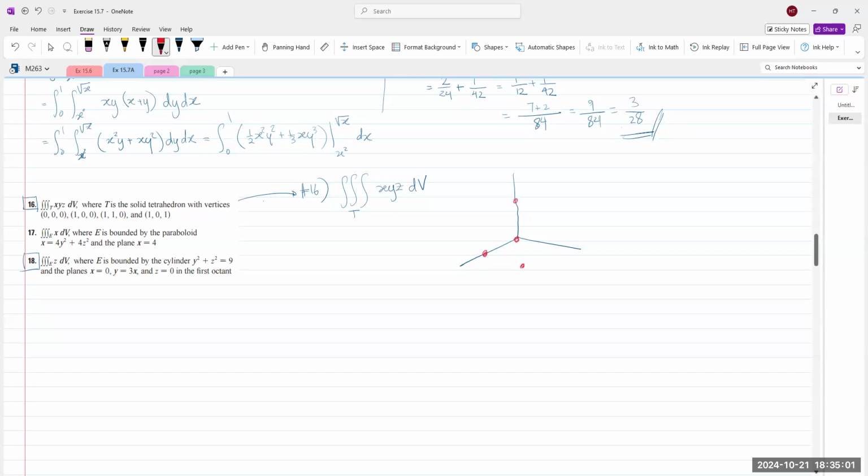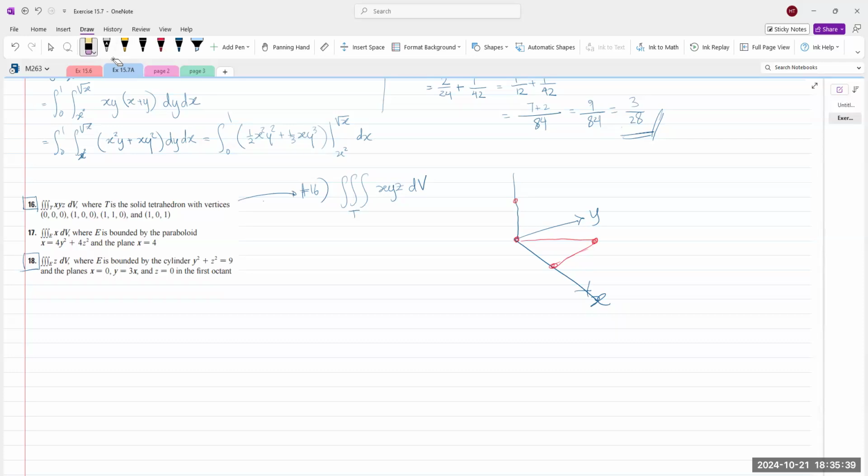Oops, I don't like this view. Maybe I rotate that a little bit then, from the other side. So let's say this is our x-axis, this is our y-axis. Okay, 0, 0, 1, 0, 0, 1, 1, 0, and 0, 1, 0, 1.